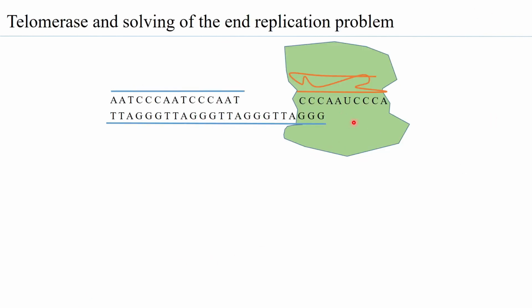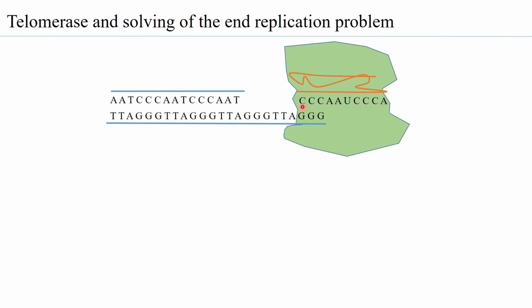So having considered that, the telomerase comes and binds to the end of the telomeric region, the overhang, basically. You can see it is a repeat of CCC, AAU, CCC. So AAU, CCC is actually the complementary telomeric sequence.